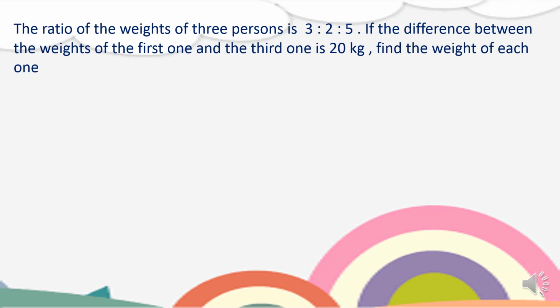So I have the ratio between the first person, the second person, and the third person. I write first to second to third, and I have a difference. The real value is a difference, so I write the difference, and I write the ratio 3 to 2 to 5.